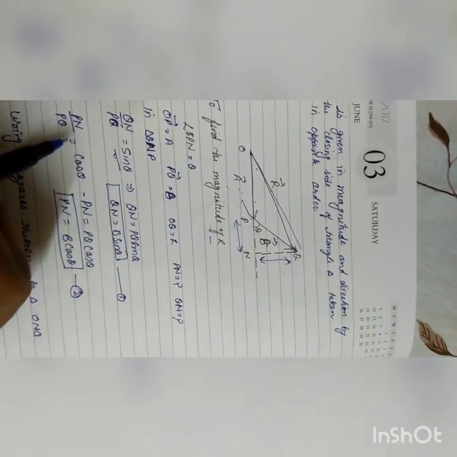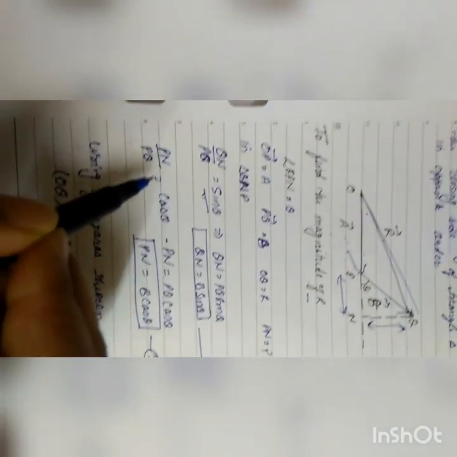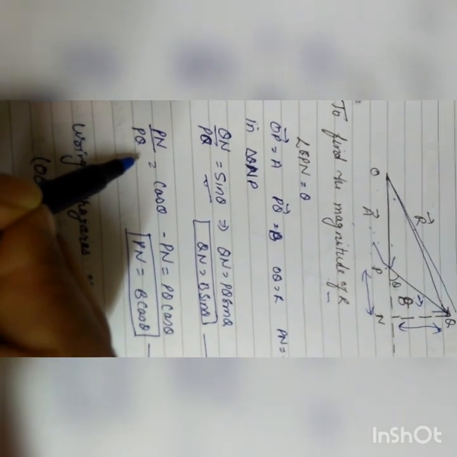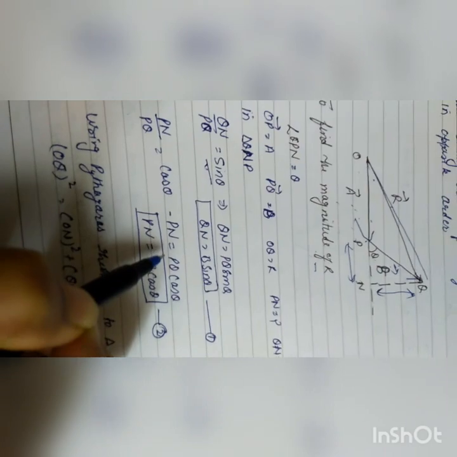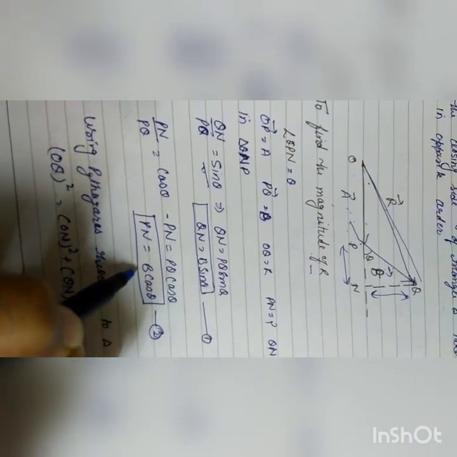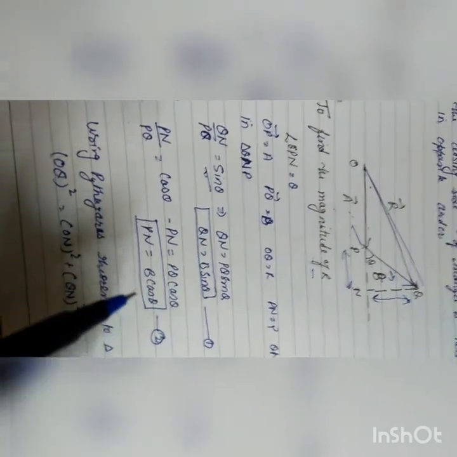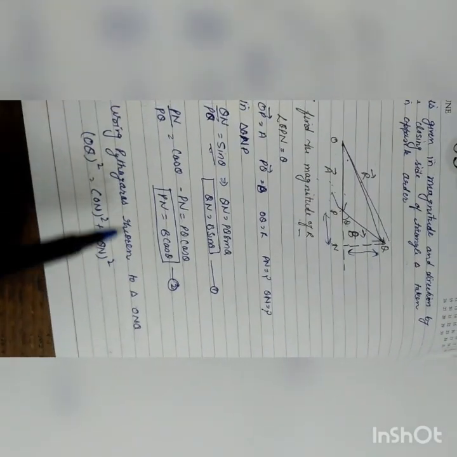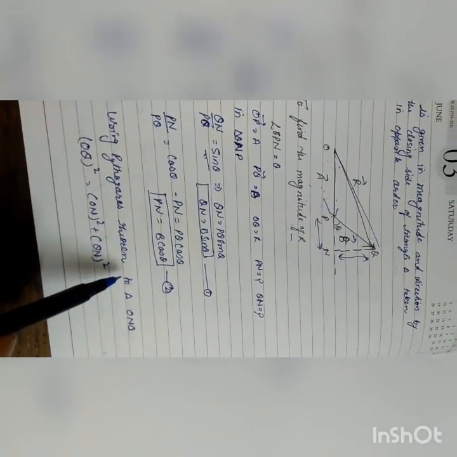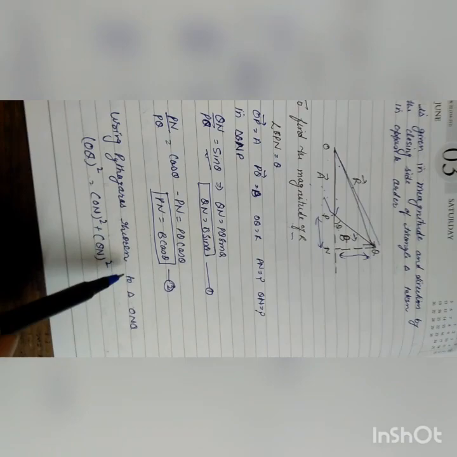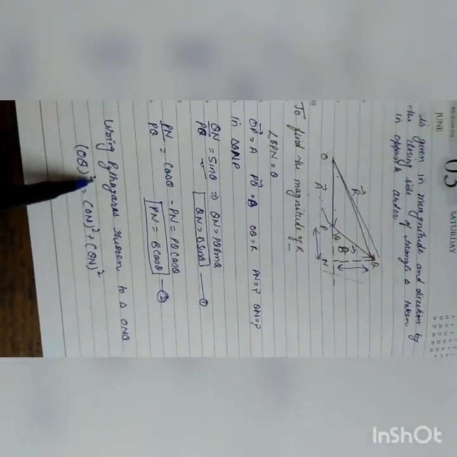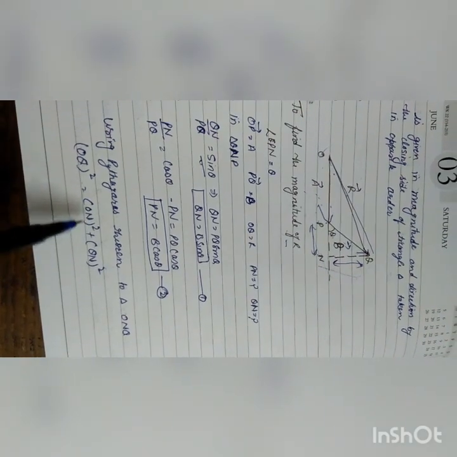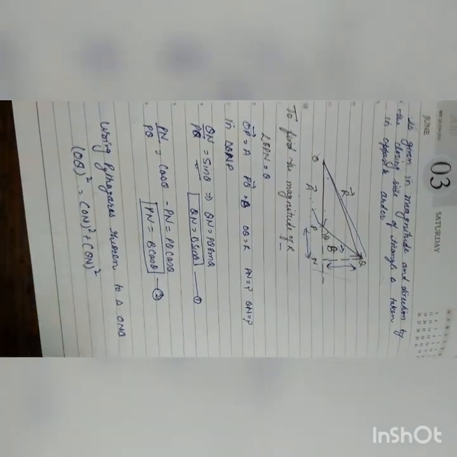Similarly, we can find the value of PN. PN upon PQ is equal to cos theta. In the triangle above, PN is equal to PQ cos theta, which is B cos theta. Now, using Pythagoras theorem, in the whole triangle ONQ, OQ square is equal to ON square plus QN square.